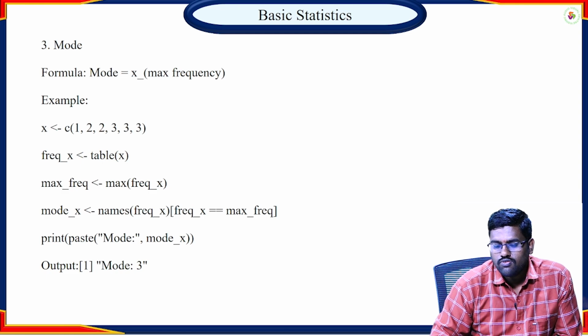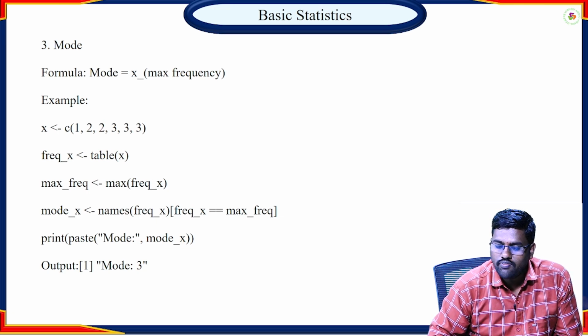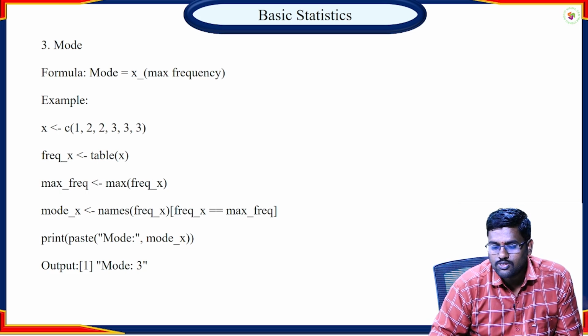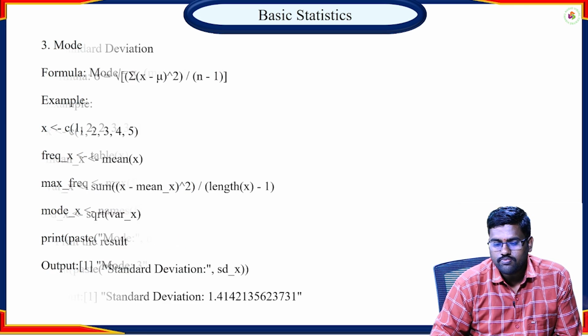If you check, 1 occurs only one time, 2 occurs 2 times, and 3 occurs 3 times. So without a formula also, we directly say the mode is the value with the maximum frequency, that means the number of times the given value occurred in the data set. That is called the mode.